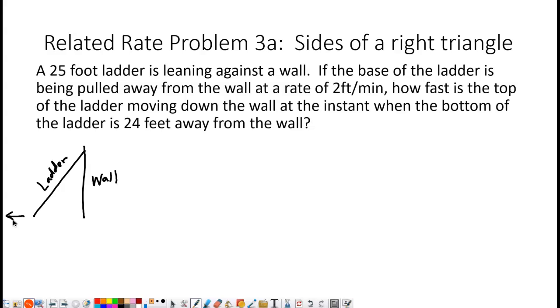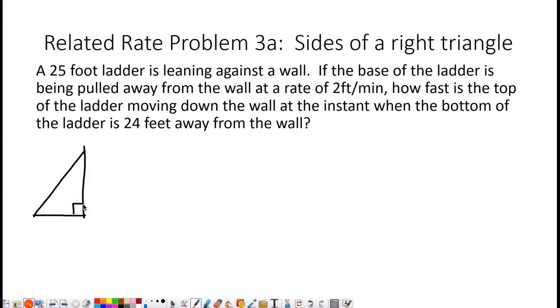And as that happens, you know, it's going to gradually be changing its shape, right? It'll look more like that after it's been pulled away a little bit. And so as that's happening, we have a couple of values that are changing. We also have some values that are the same. But as you guys can see, basically what this ends up giving us is a triangle. Not just any triangle, a right triangle.